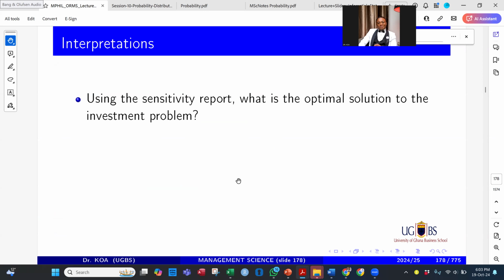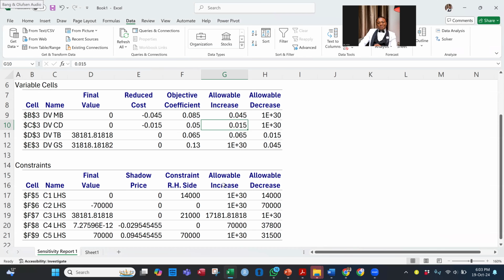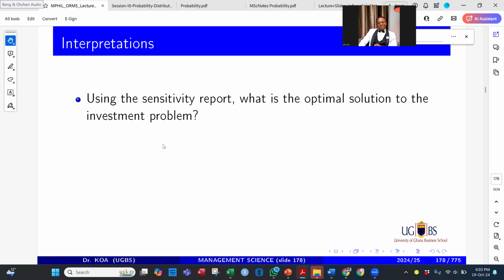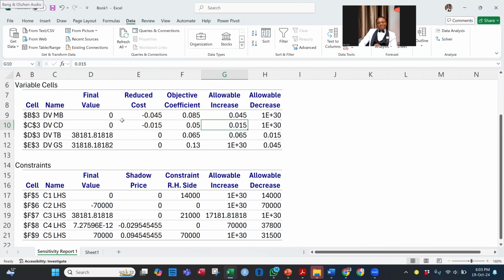If you had watched it, this one will be fairly simple for you. So, what is this question asking you? Well, the optimal solution, and I did say it at that time, and I'm saying it again here, is always the final value of the variable cells.